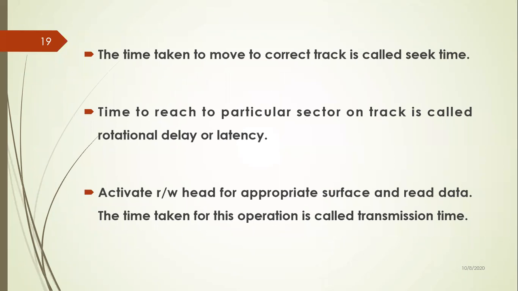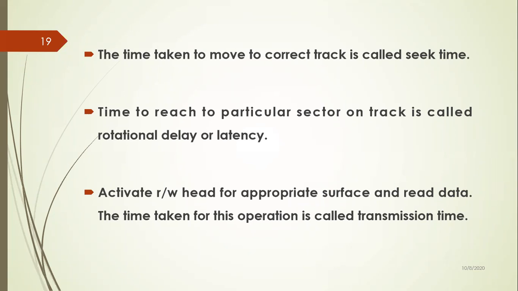Now as I said, when you want to read data from a particular sector, we have to rotate the disk, and to reach the particular track we have to move the arms. The time taken to move to the correct track is called seek time.